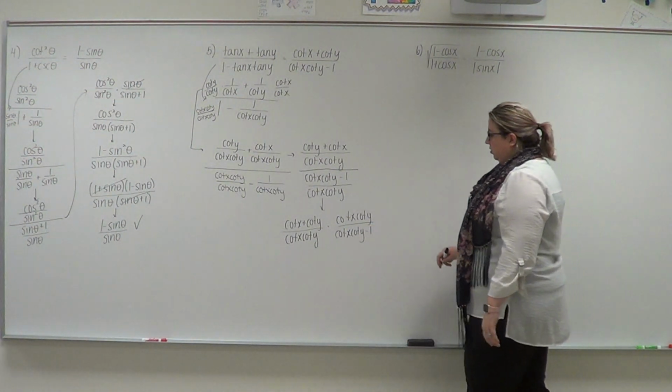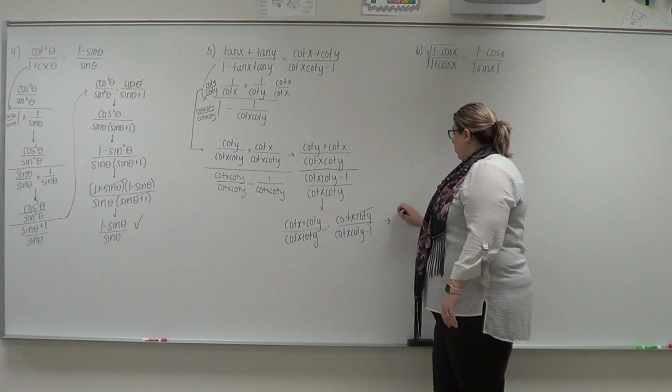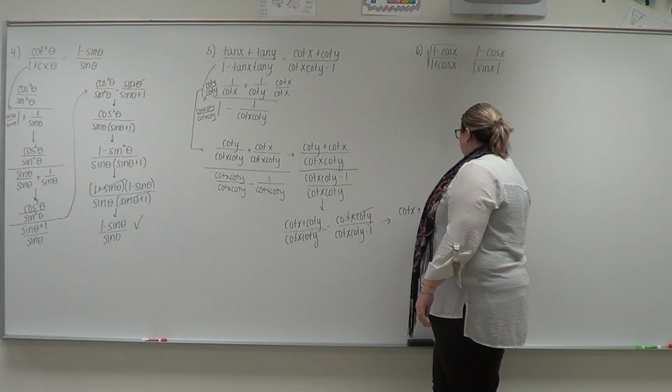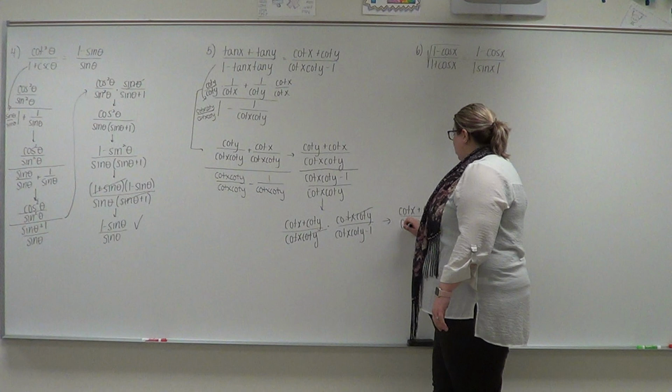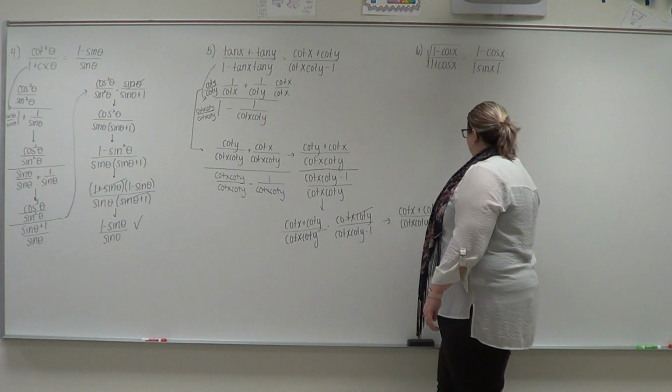And then our diagonals cancel. And I get cotangent x plus cotangent y divided by cotangent x, cotangent y minus 1, which is what we needed.